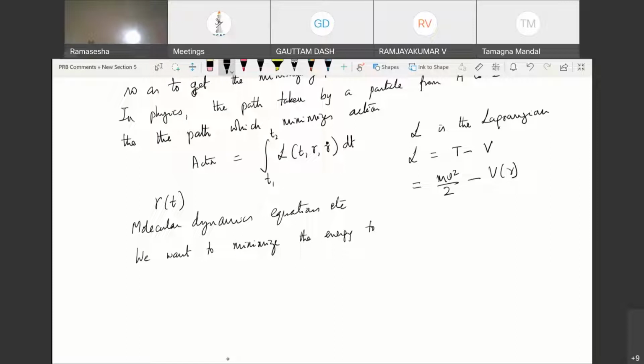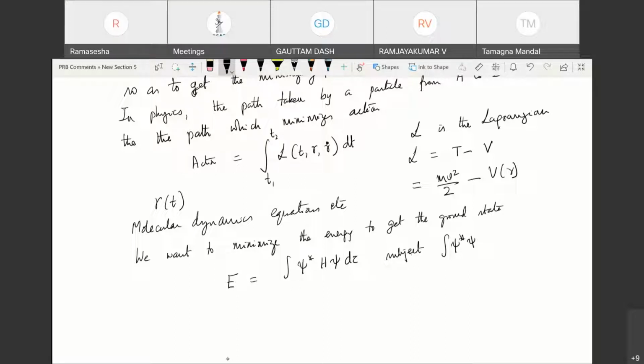So the energy function is given by E equal to integral psi star h psi d tau. I want to minimize this subject to the normalization condition integral psi star psi d tau equal to 1. So this is the constraint, and this is the function that we are going to minimize subject to this constraint.